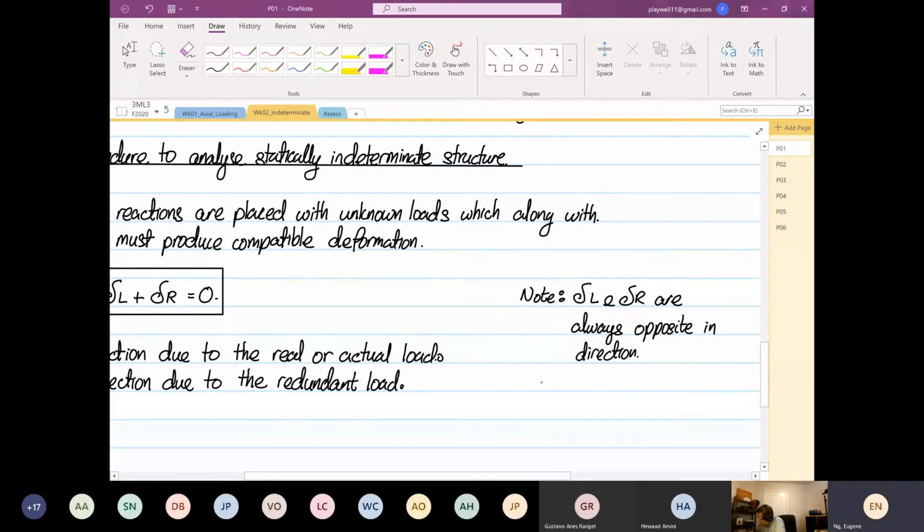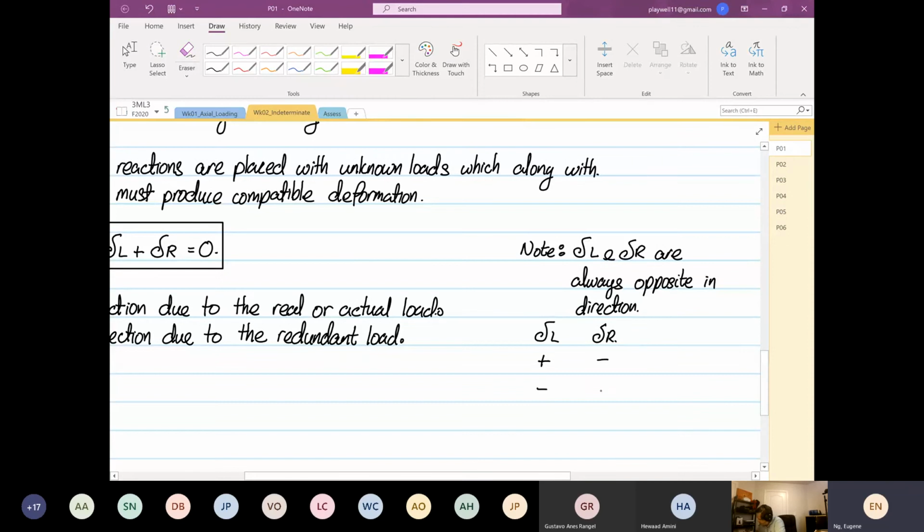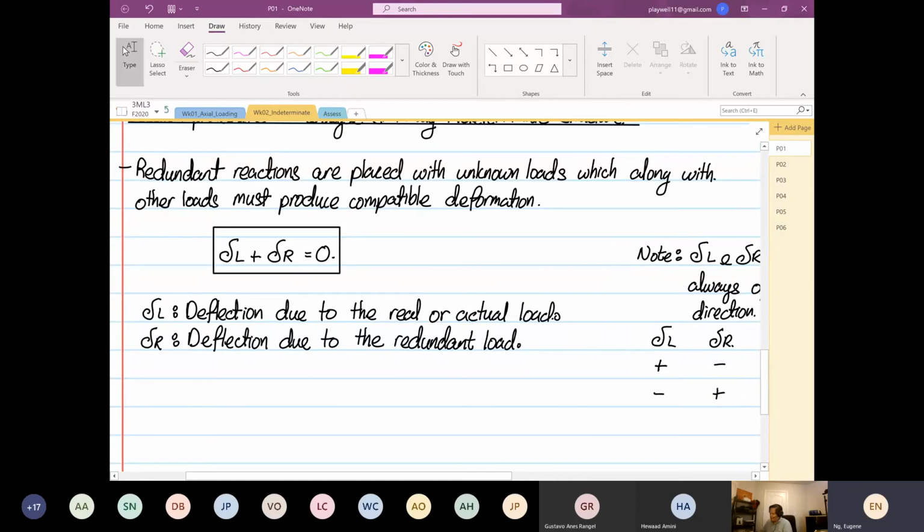So what do I mean? If you have delta L, you have delta R. If your delta L is positive, delta R must be negative. If delta L is negative, delta R must be what? Positive. They both cannot be positive, they both cannot be negative, because this entire equation has to be equal to 0.